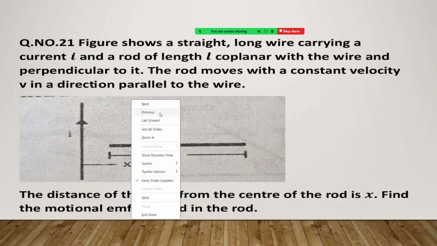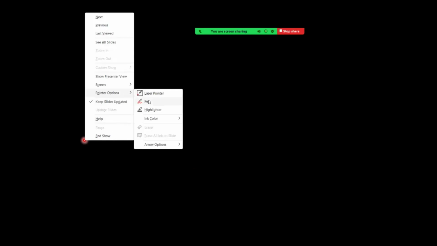Okay, let us see how to start. So first of all, I'm making the given diagram. This is the current carrying wire. Current is I. Now there is a rod.